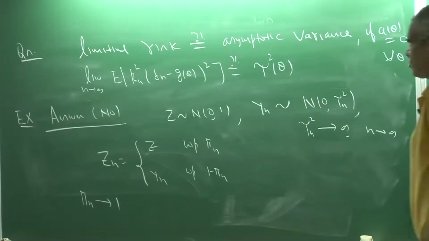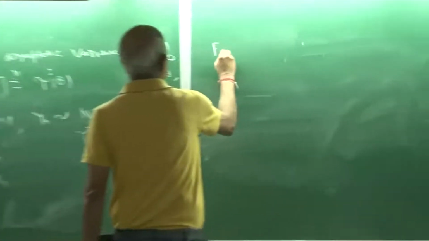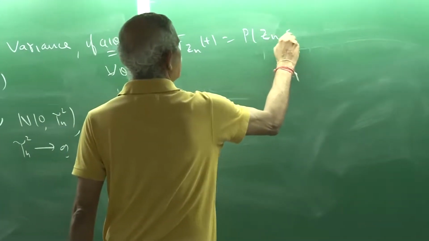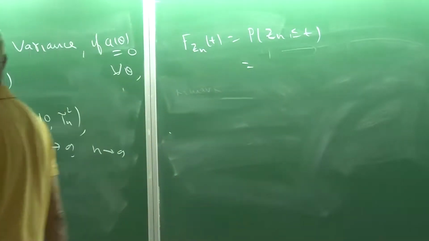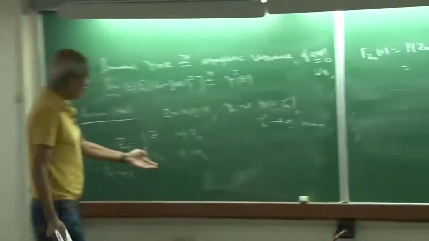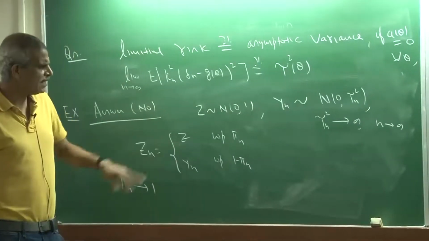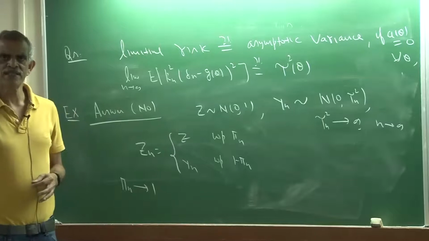So first, to see the asymptotic variance, I try to see what is F_Zn(t), which is the probability Z_n is less than or equal to t. What this random variable is saying is you have a sequence Z and a sequence Y_n. At each occasion, you toss a coin.